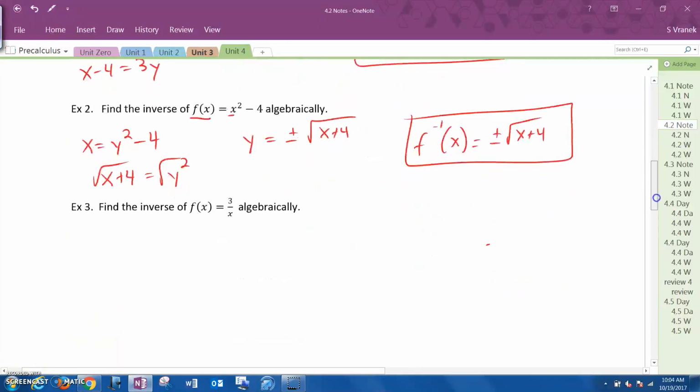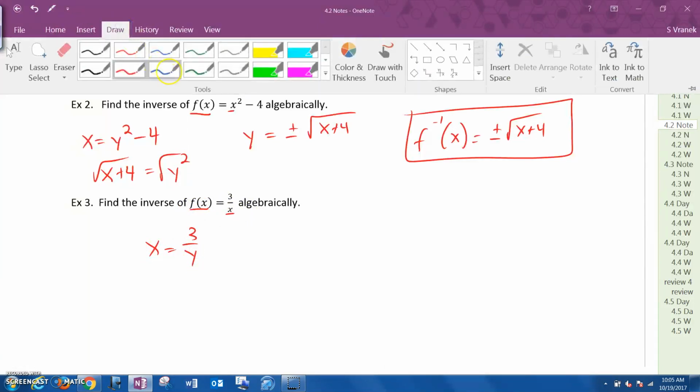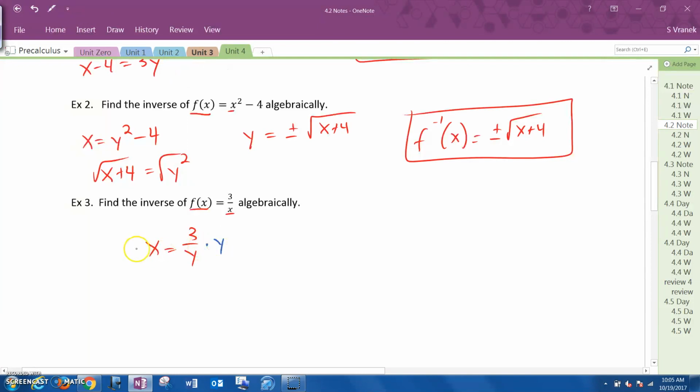Okay, let's do one more. Well, if you want to try it first, pause the screen now and then see if you get it. Otherwise, you can follow along. We have this is now x, that's now y, so x equals 3 over y. Remember, when you have a y on the bottom, you have to multiply by y to get it out of there. So we get xy is equal to, these cancel, 3.